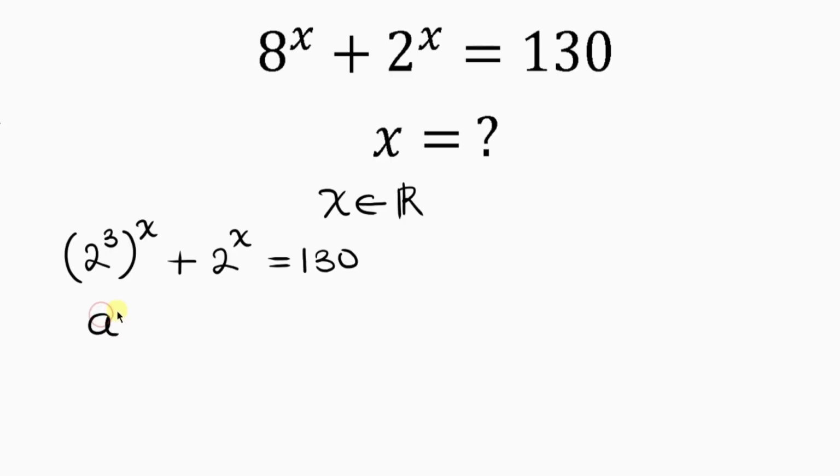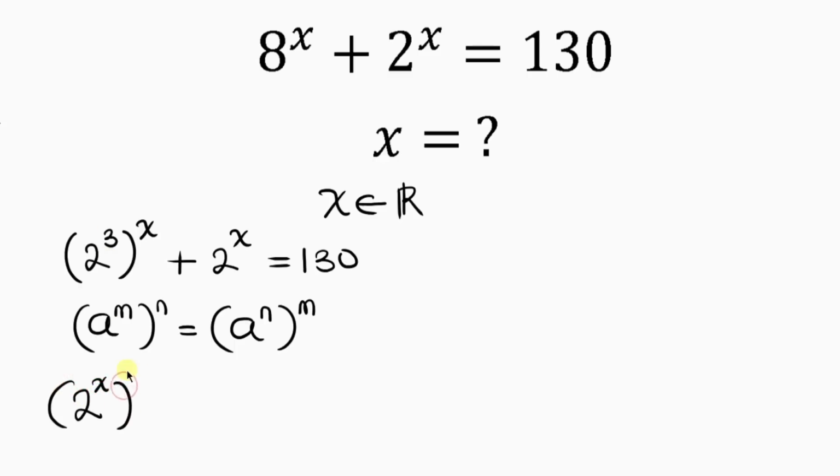Very good. Now, our next step will be for us to apply the law of indices that says when I have a to the m and this is raised to the n, this is the same as a to the n or raised to the m. So what happens is that they flip positions. So we can flip the position here so that this expression now becomes 2 to the x or raised to the 3.